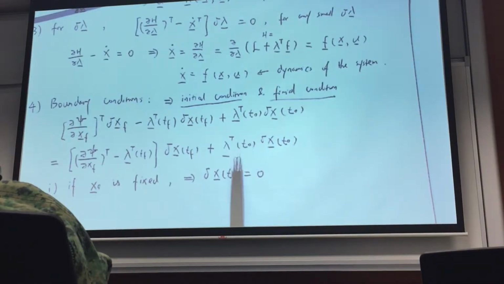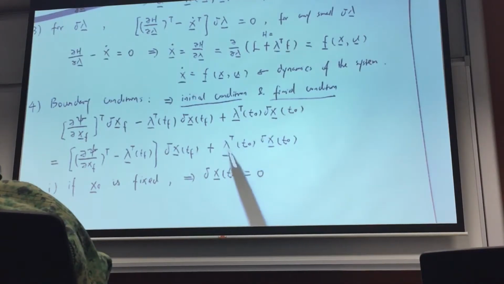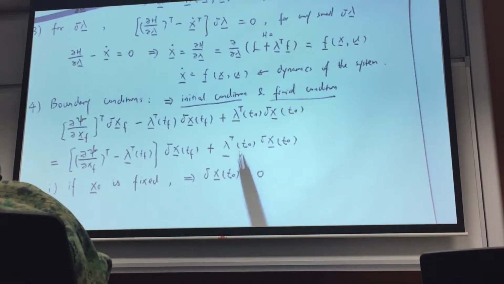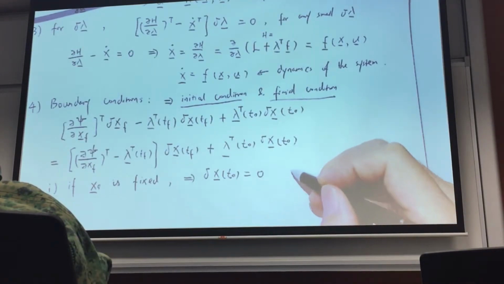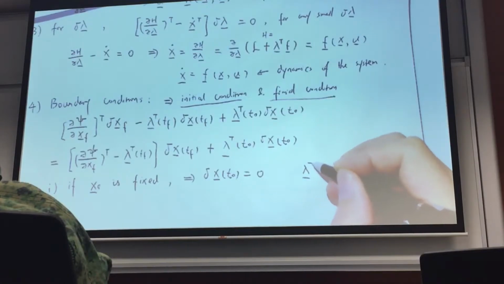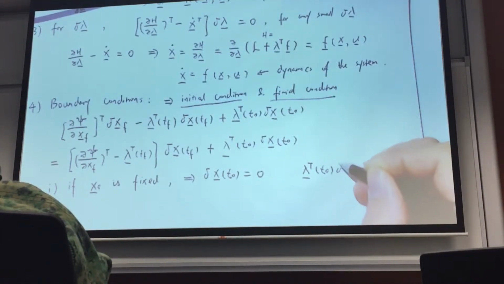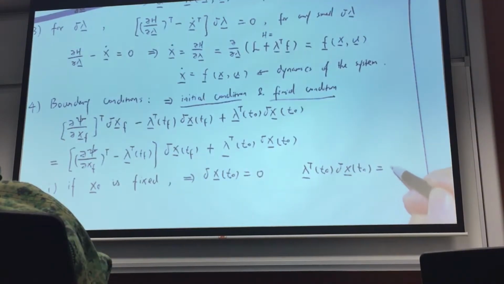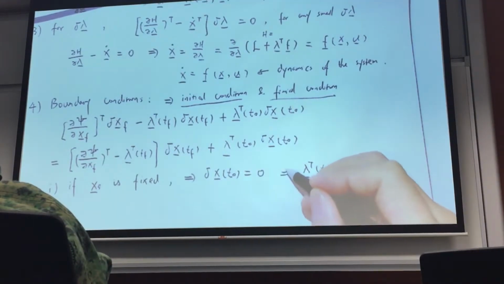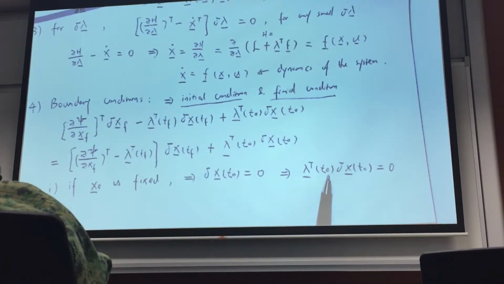In order to make this part to be 0, we have this lambda 0 to be free, actually it can be any value. So lambda t0 times delta x t0 will always be 0, for any lambda t0.